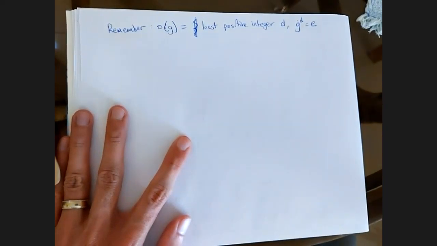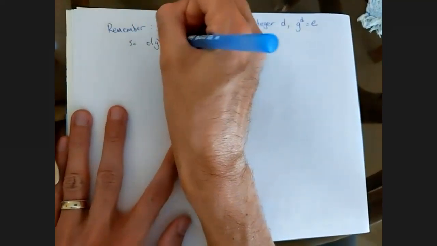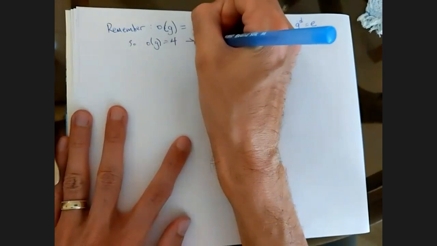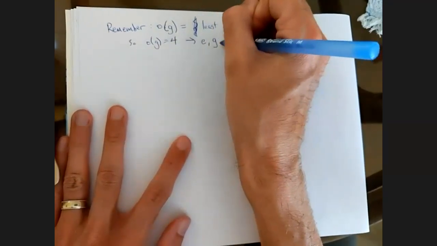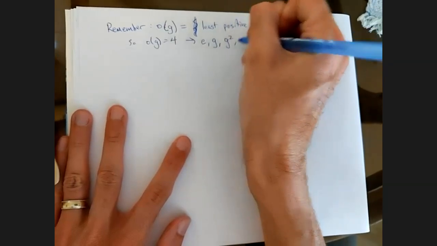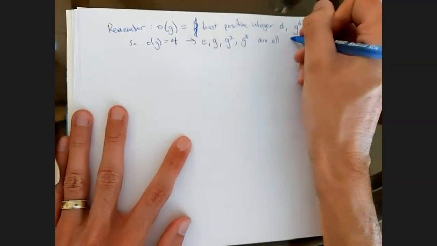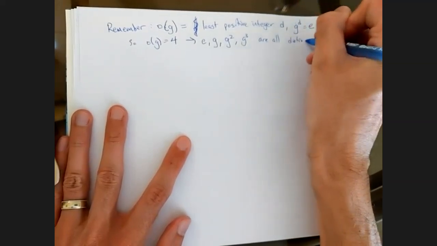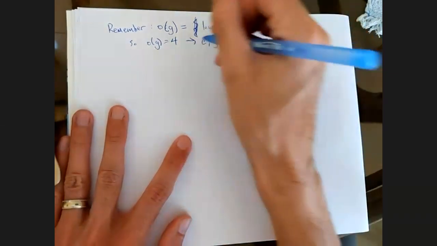So if the order of g equals 4, that means that e, g, g squared, g cubed are all distinct, and when you compute g to the 4th, you get the identity.